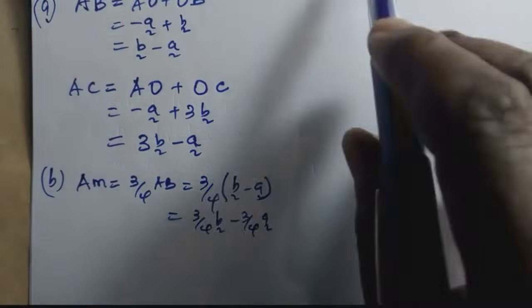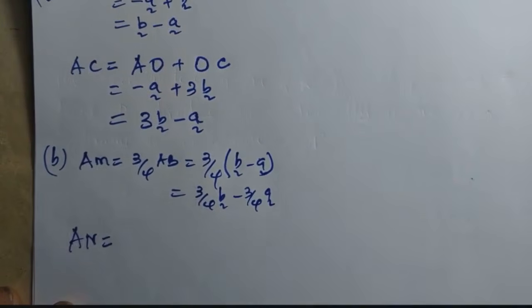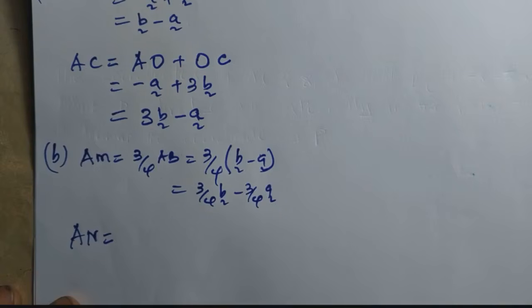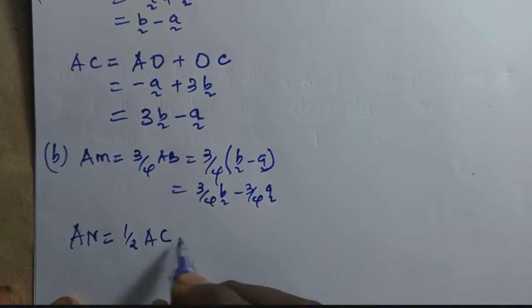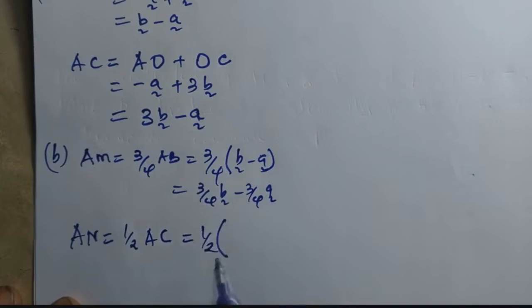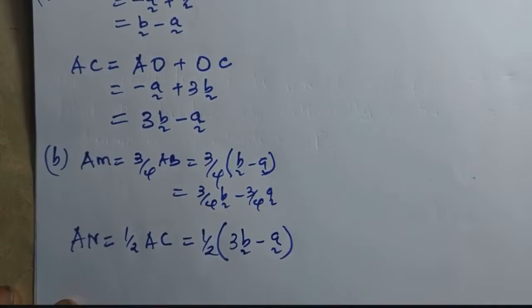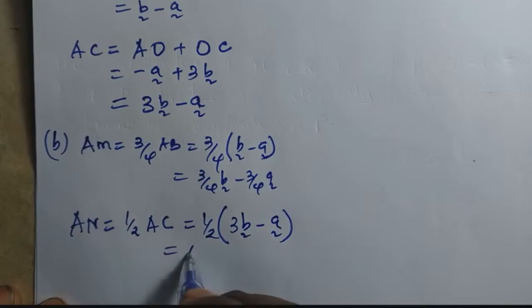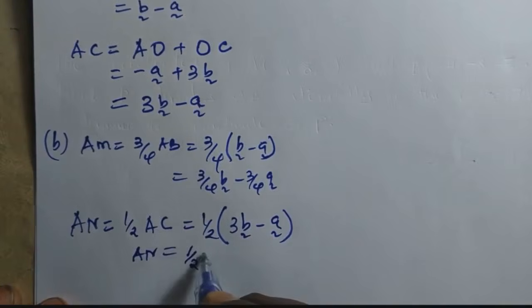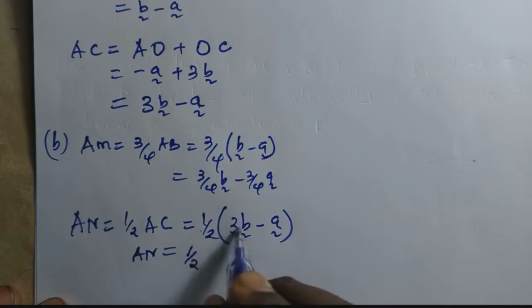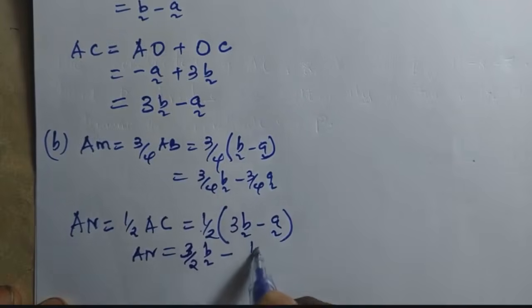And AN is equal to a half AC. We have AC, which is 3B minus A, meaning that AN is equal to a half times 3B minus A, which is 3 over 2B minus 1 over 2A.